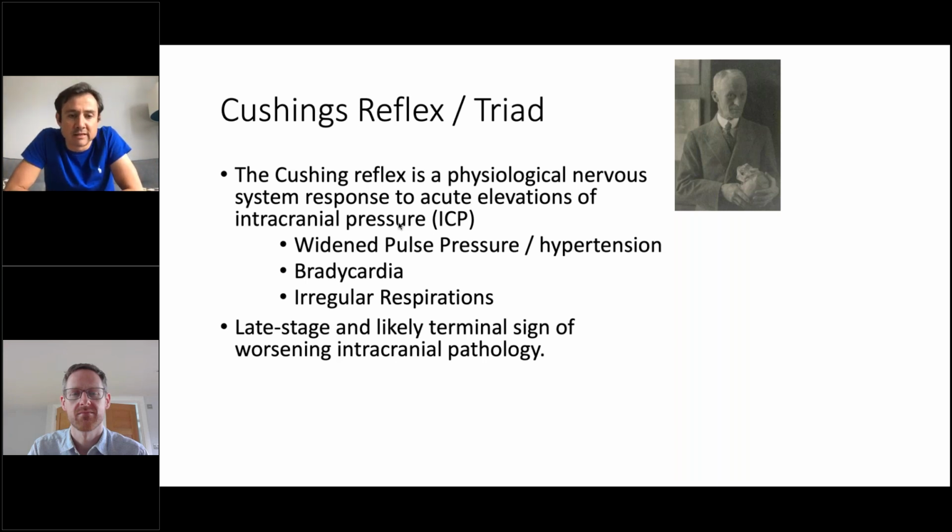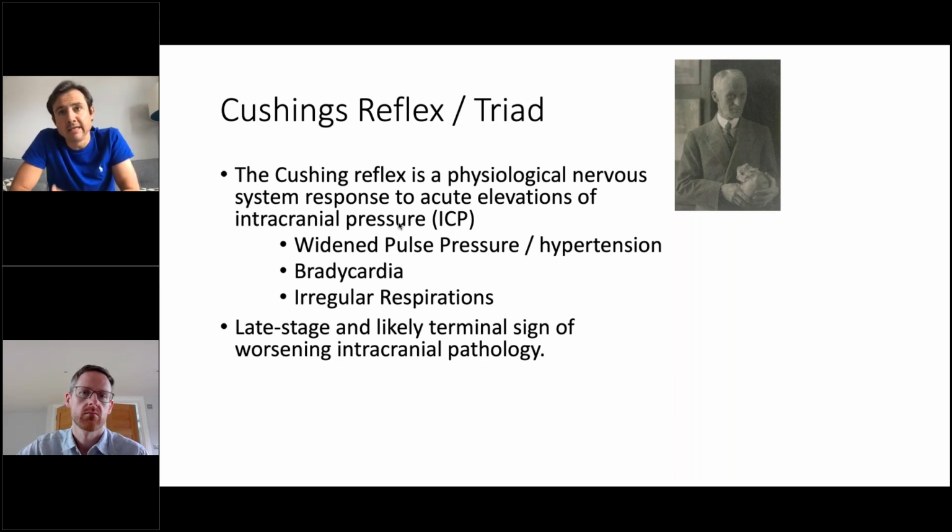The Cushing's reflex, we basically talk about hypertensive bradycardia, but the actual definition is a widening of the pulse pressure between the systolic and diastolic. But it's really that hypertensive bradycardia, and it's a response of the body to try and maintain its cerebral perfusion.